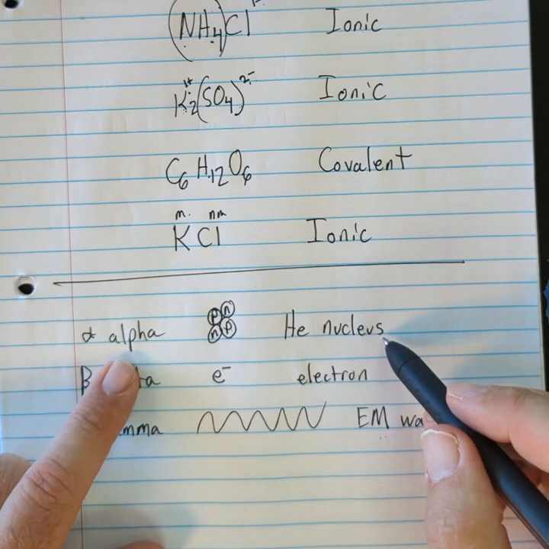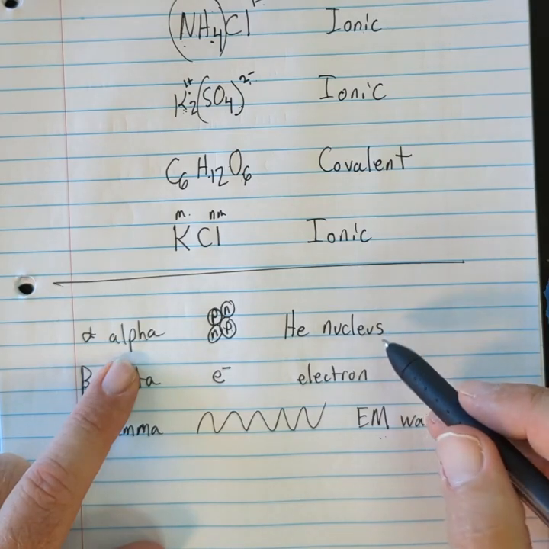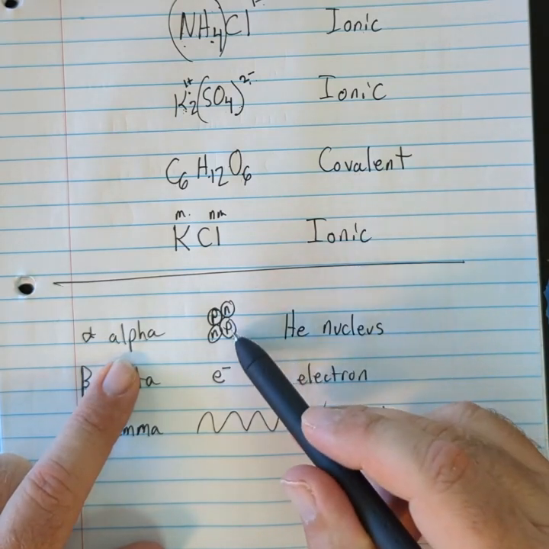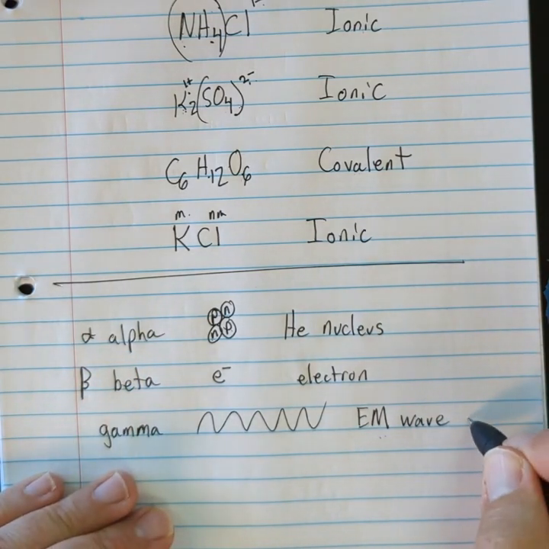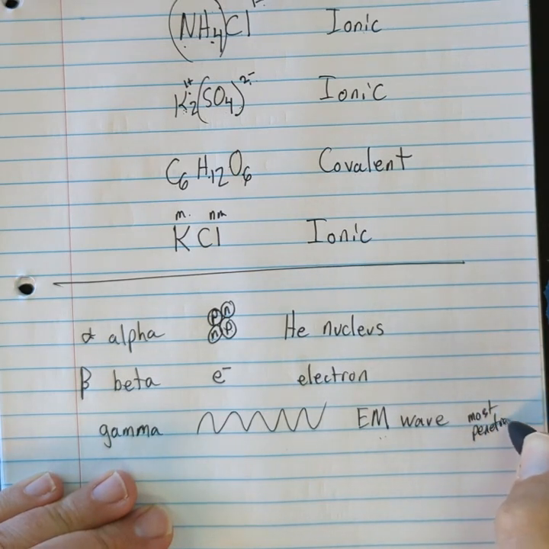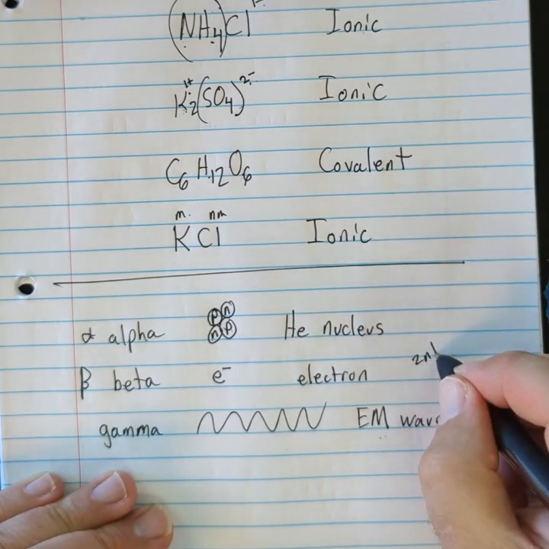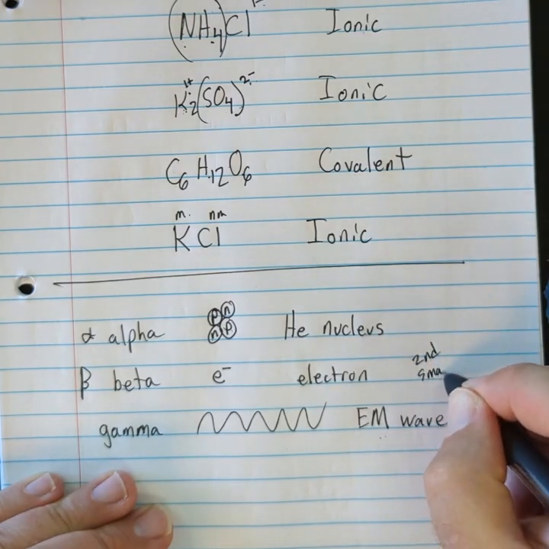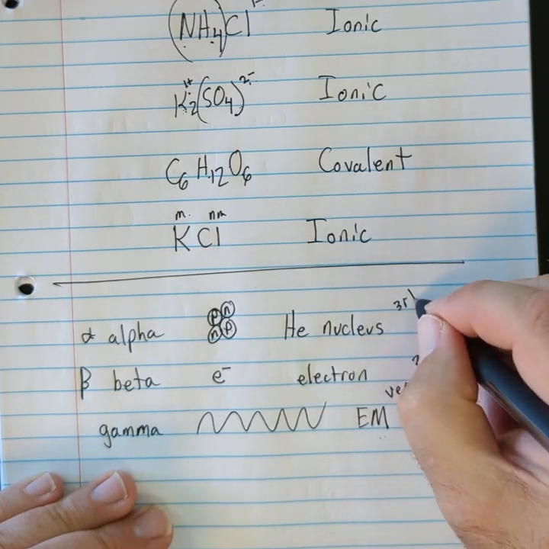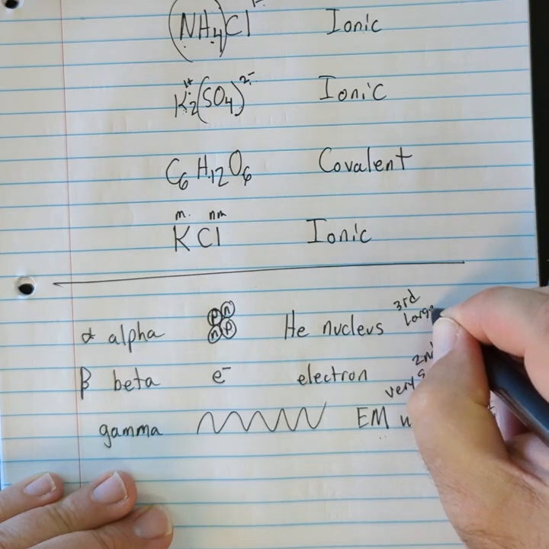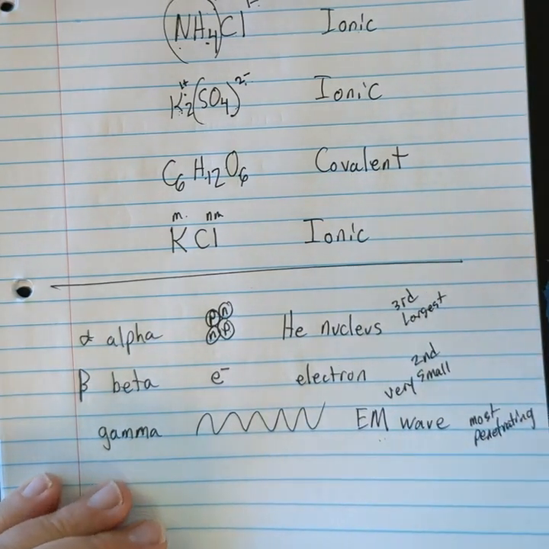You can stop them with like a few sheets of paper usually, because they're much larger. So this is the most penetrating because it's electromagnetic. This is second because it's very small. And this is third because it is the largest. Okay. Moving on.